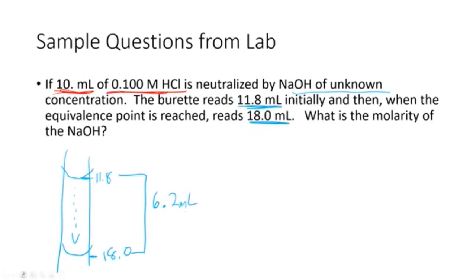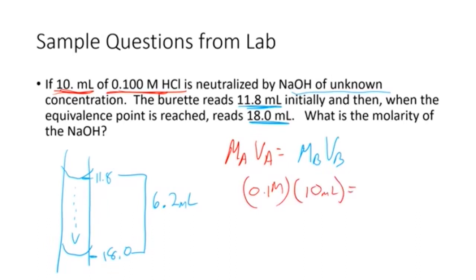So now using my equation, where the molarity of the acid times the volume of the acid will equal the molarity of the base times the volume of the base, I now know the molarity of my acid, right, is 0.1. That was the acid that I started with. So I have 0.1 molar, and I use 10 milliliters of that. And then the molarity of the base, I don't know, but I do know that I used 6.2 milliliters.